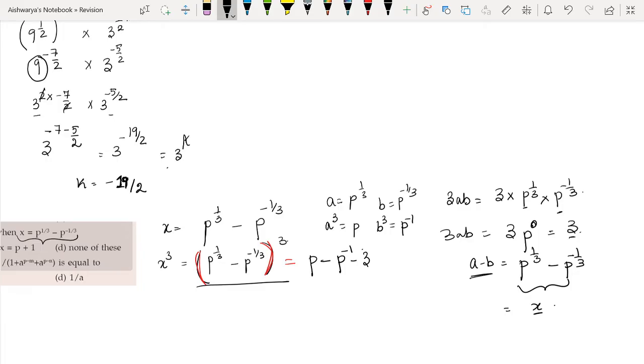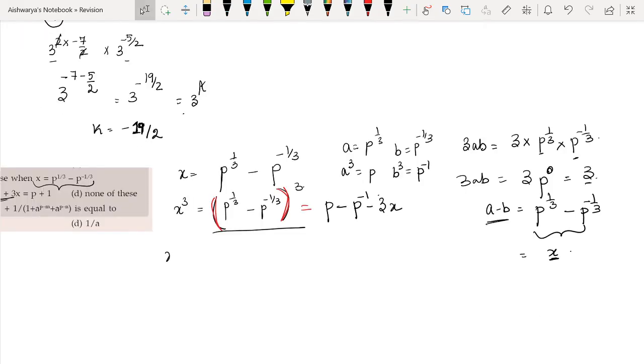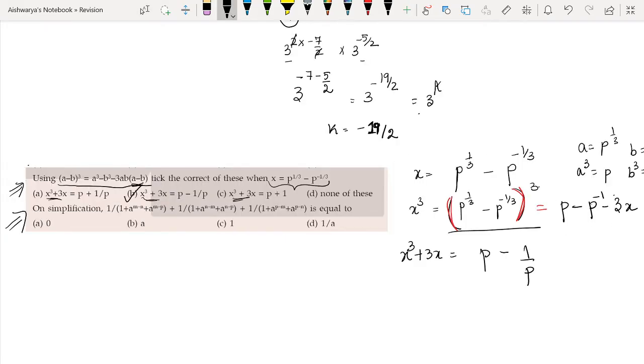So here you have a 3x. So now when we simplify this, x cube plus 3x is equal to p minus 1 by p. You can bring this to the denominator. So check in which of the options it is equal. In option A, sorry, option B. Are we clear?